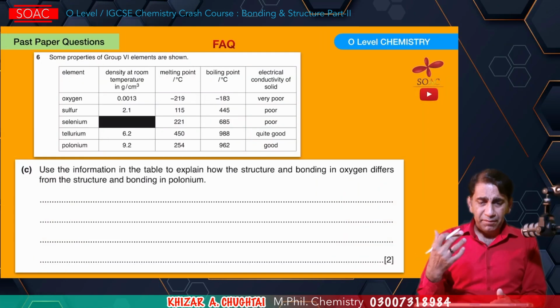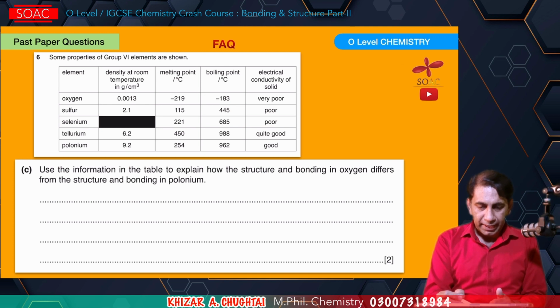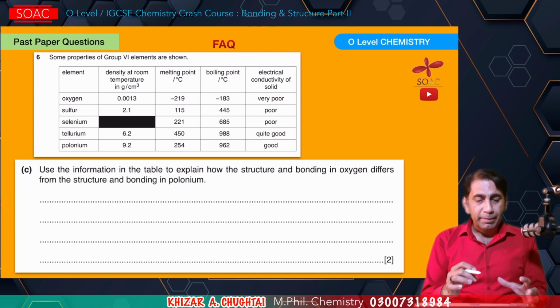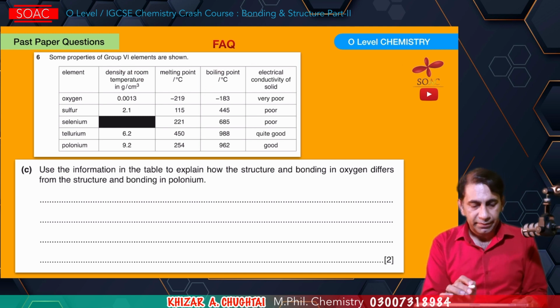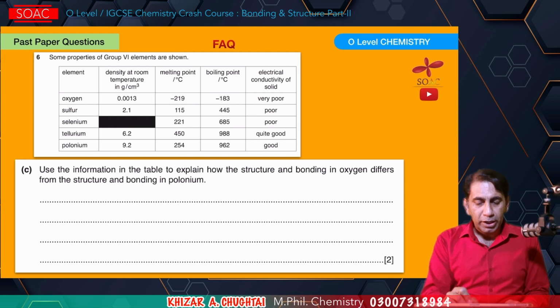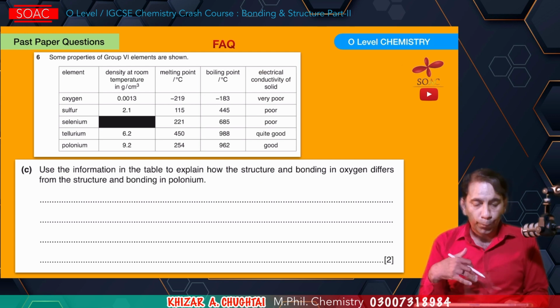Group 7 elements are shown over here. A table is given with the elements, their density, melting point, boiling point, and electrical conductivity. Use the information in the table to explain how the structure and bonding in oxygen differ from the structure and bonding in polonium.